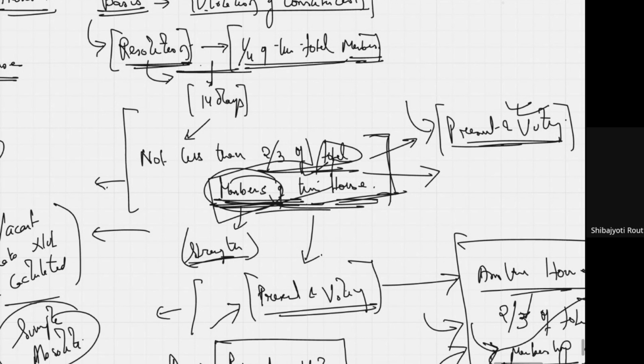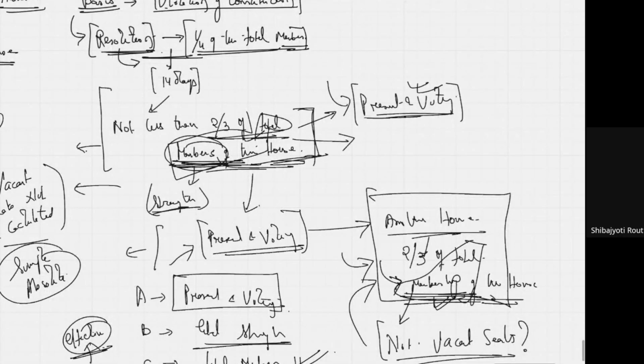Sir, I have a doubt. You mentioned that the nominated members do not participate in the impeachment of the president. You say it's not explicitly mentioned that nominated members cannot participate. They do not participate. There's a difference between cannot and do not.